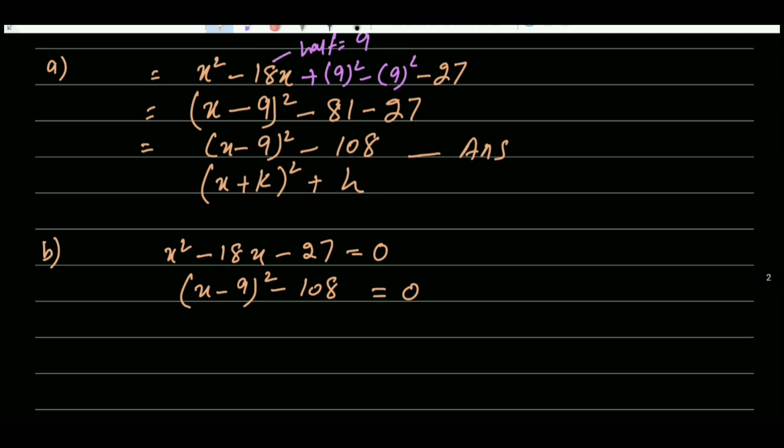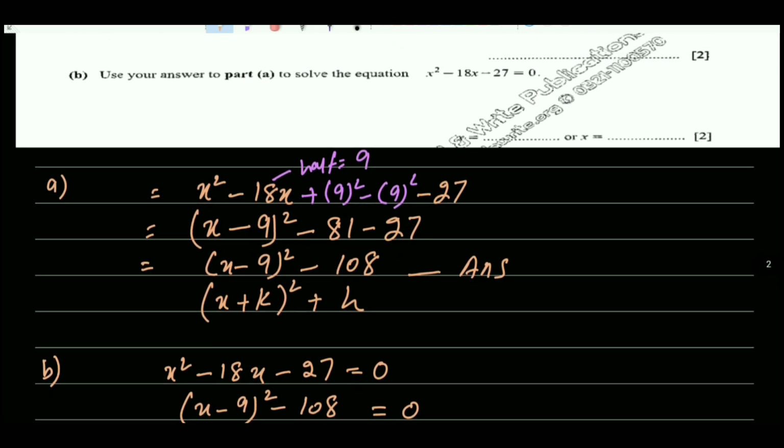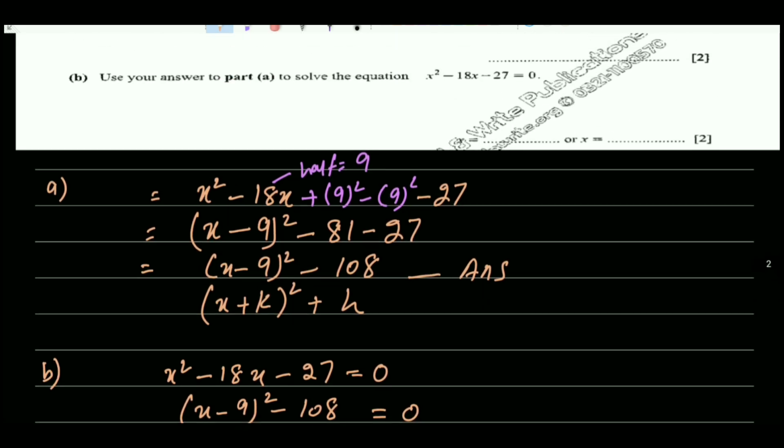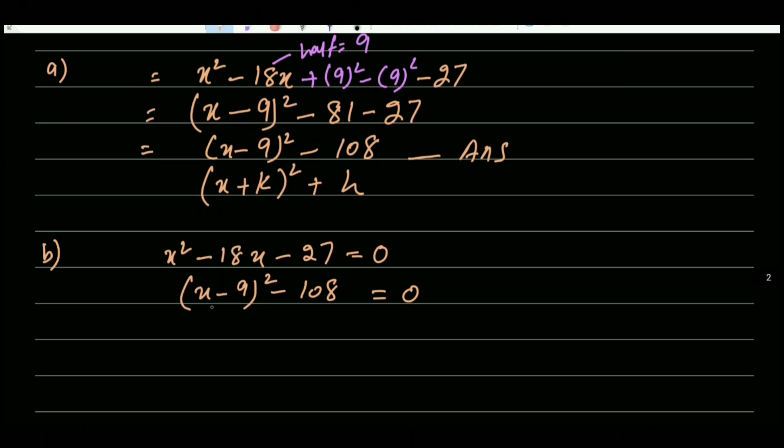Now we have to solve the equation. To solve the equation we have to find the value of the variable that is involved in the question. So actually we are going to find the value of x here. (x minus 9) whole square as it is, and 108 will go to the other side, it will become positive.